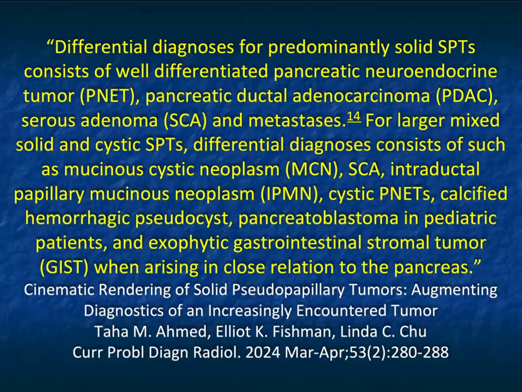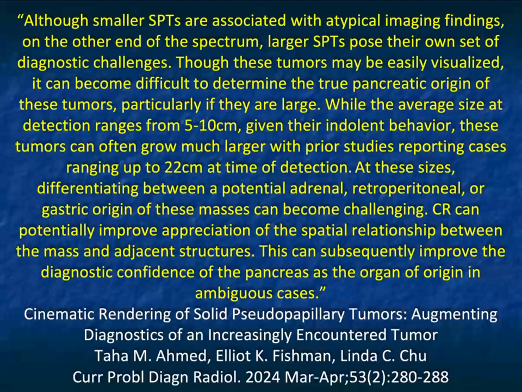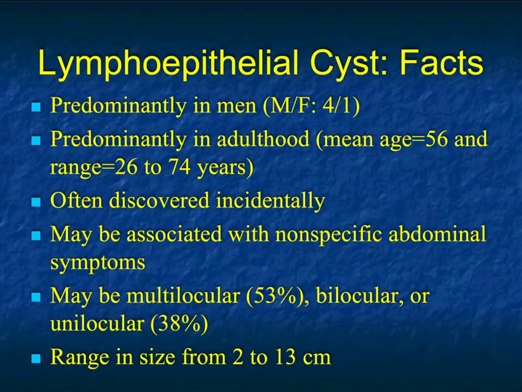And one of the reasons I put together this talk on pancreatic cystic lesions is because everyone at times seems to think, oh, we got all the answers. Well, I'm telling you, we don't have all the answers because there's lots of variability. And again, this can be very nicely shown with things like cinematic rendering, which can be helpful, but a lot of work still needs to be done if we're going to reach the correct answer in the majority of cases.